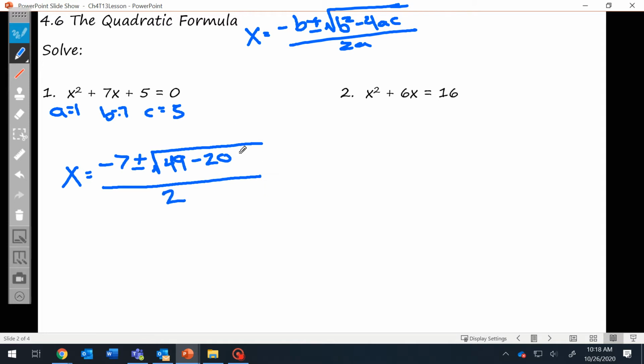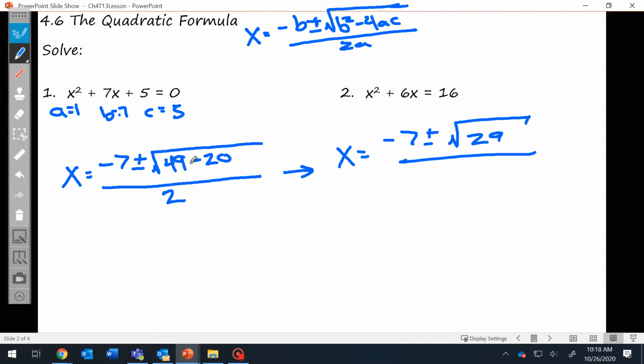All right, so this requires some simplifying. Let's simplify first under the radical, so plus or minus the square root of 29, because 49 minus 20 is 29, all over 2. We could technically leave it like this. Negative 7 plus minus the square root of 29 over 2.